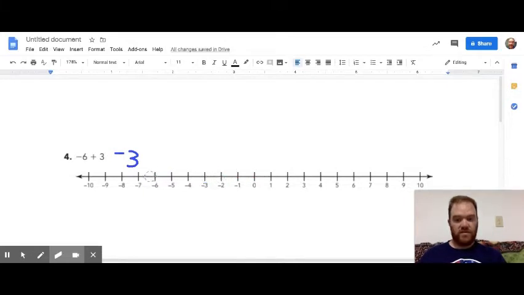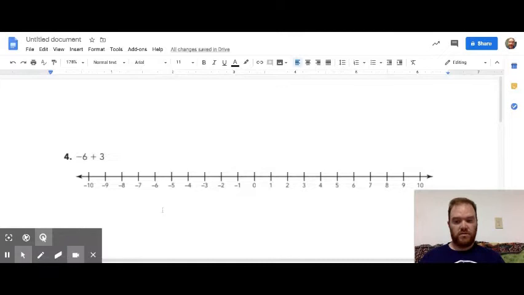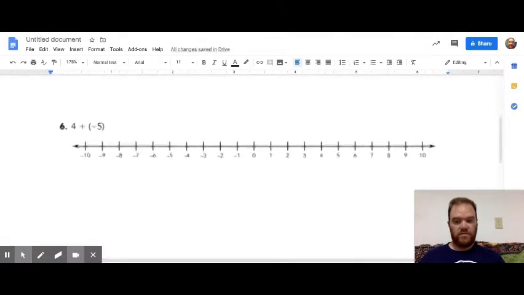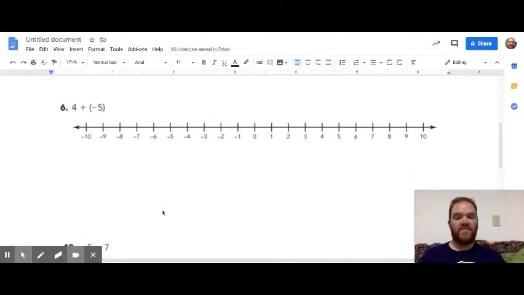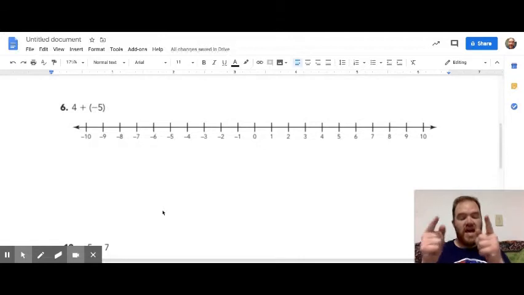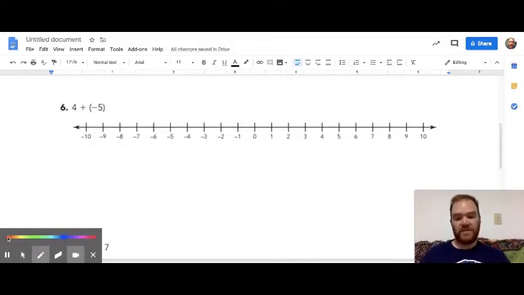I'm going to erase here and scroll this down to a problem like this, where we have 4 plus -5. Unlike the last one, here we're adding a negative number, but I'm going to keep my steps exactly the same.